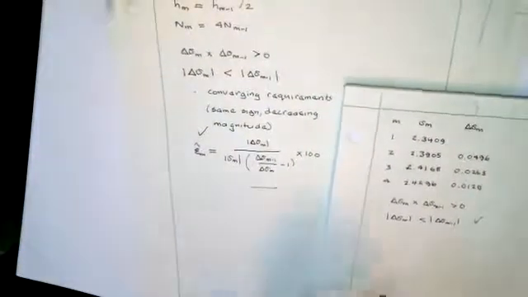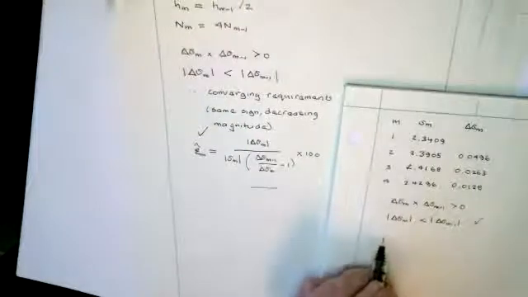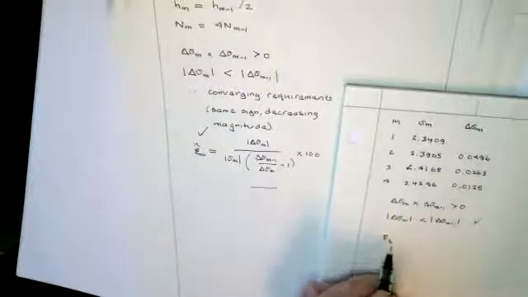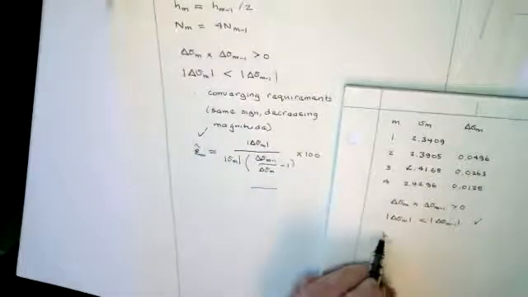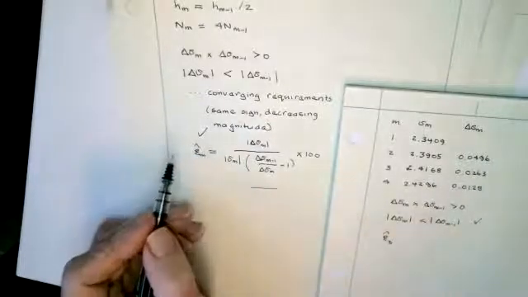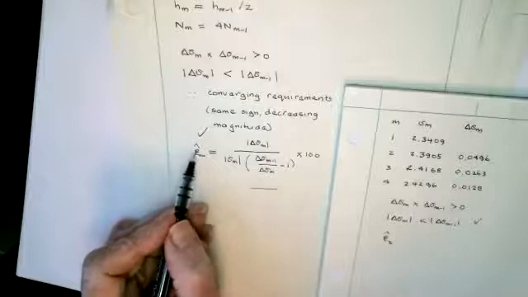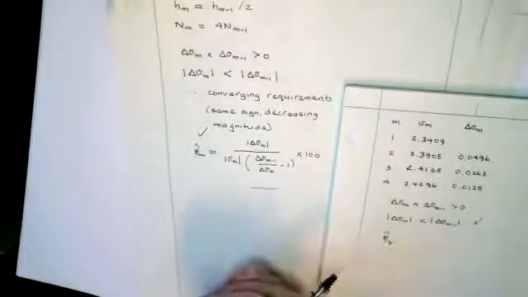We use this formula here. So we can get an estimate from mesh 3. We usually put a hat on it because later on we're going to have some exact answers for this from some test problems, and the hat means it's an estimate.